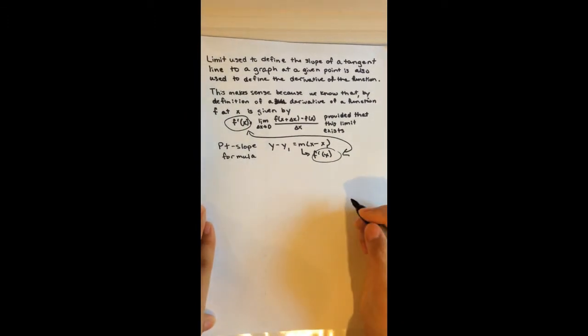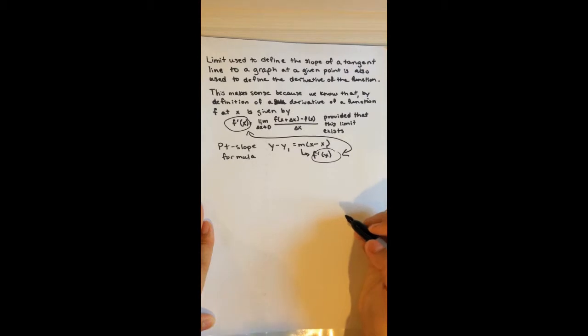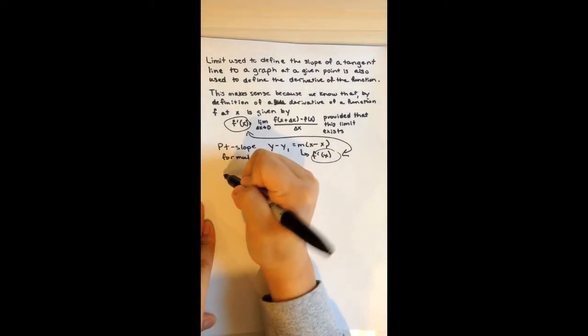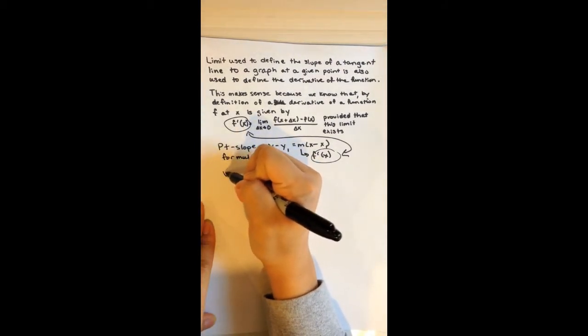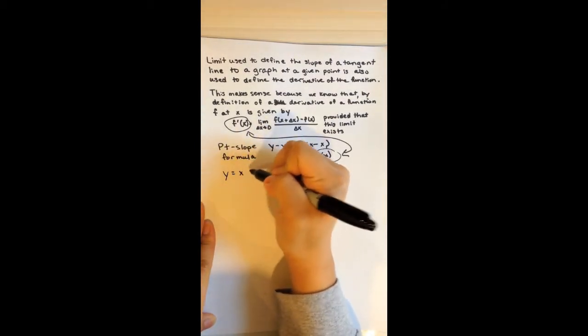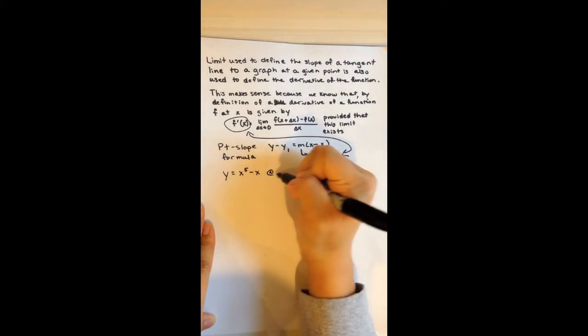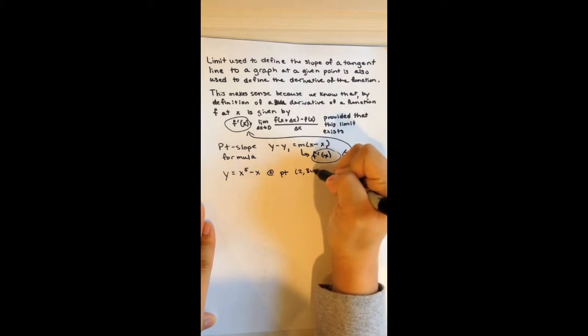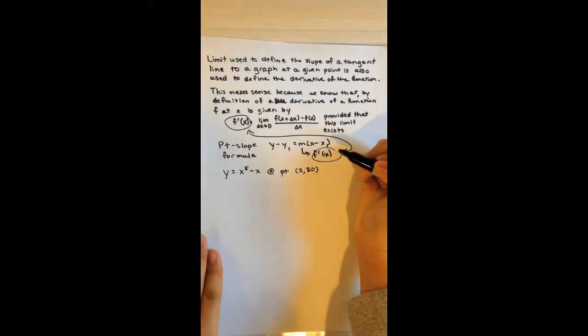Okay. So let's say that you're told to compute the tangent line of the curve x to the fifth minus x at point (2, 30).